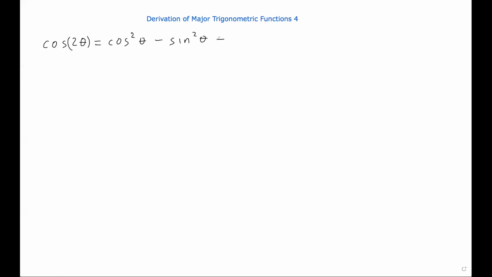And we substituted for cosine squared theta 1 minus sine squared theta. And we subtracted that from sine squared theta. And when all the dust settled, we got 1 minus 2 times sine squared theta.